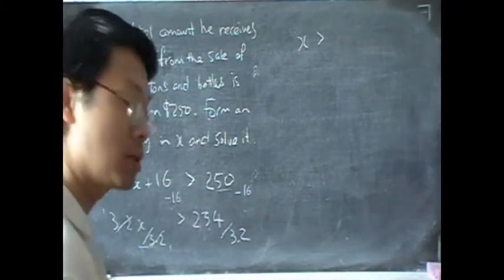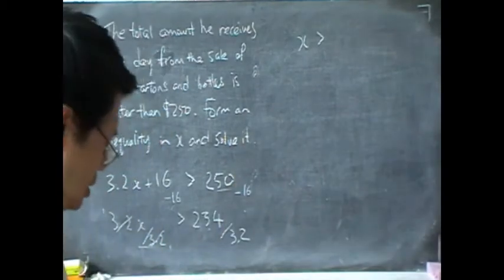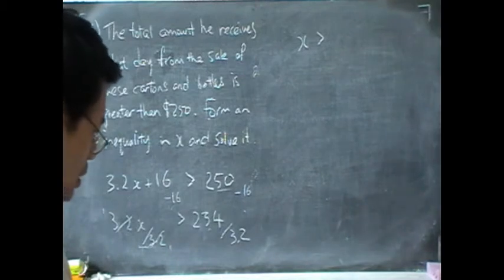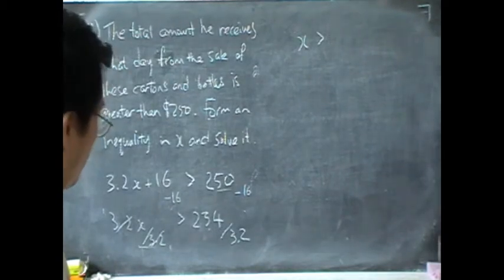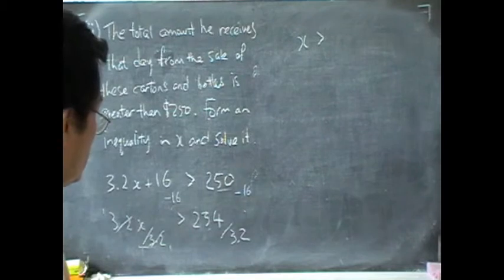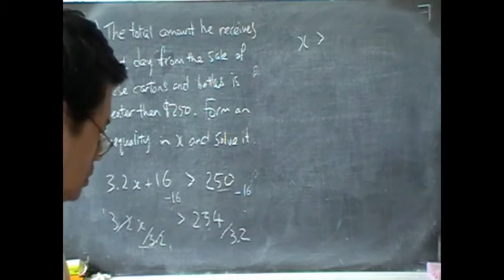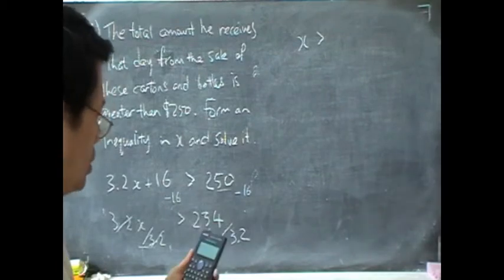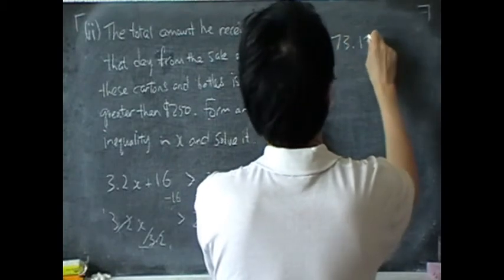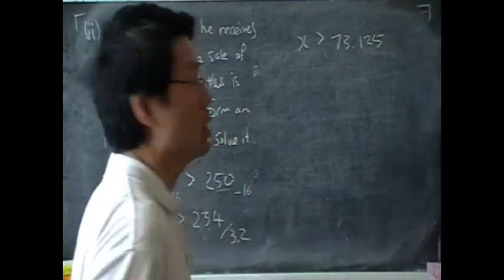Let me take out my calculator and find the answer. 234 divided by 3.2 is 73.125.